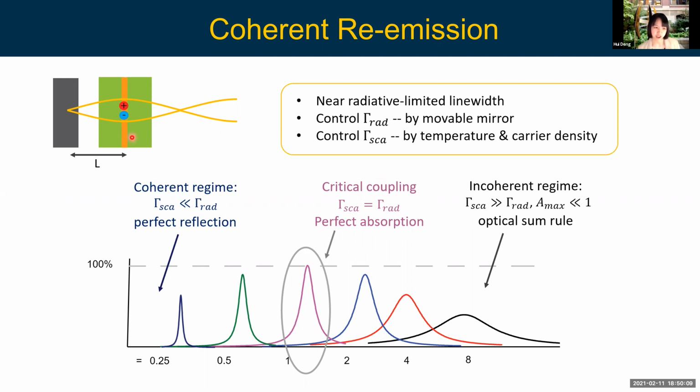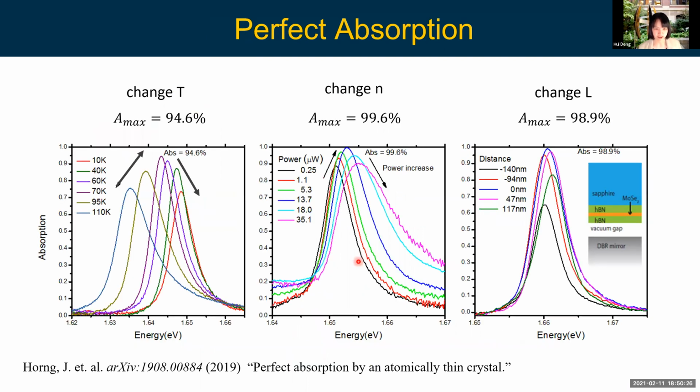Changing the distance between the material and the mirror, for example, has a small modulation of the standing wave field strength that changes this parameter. If we change the power or the temperature, we can change this parameter. And that's what's shown here, that it goes through a maximum in all these cases.